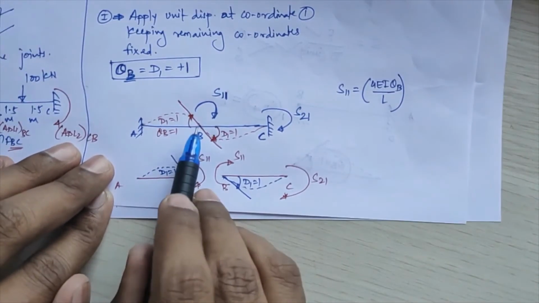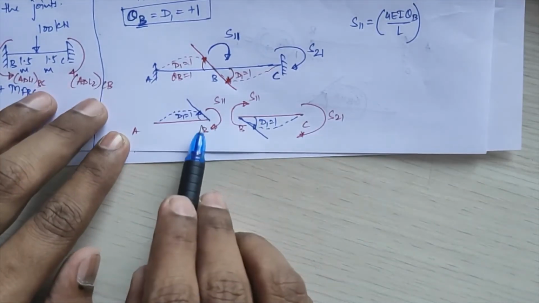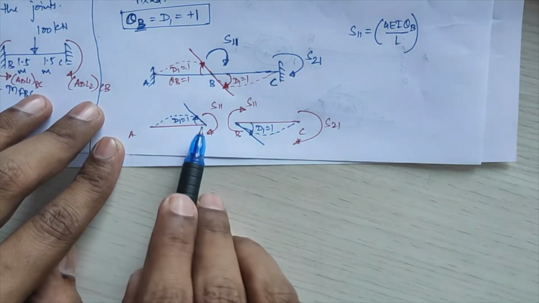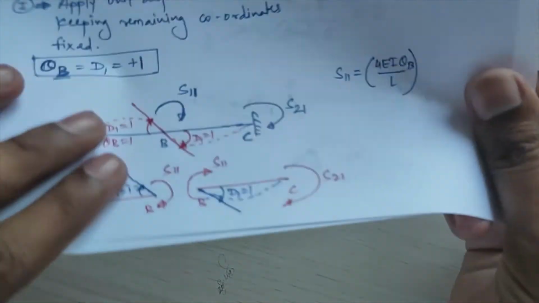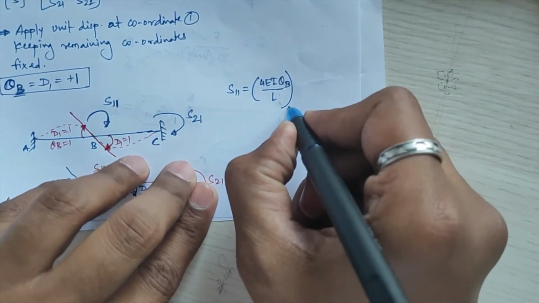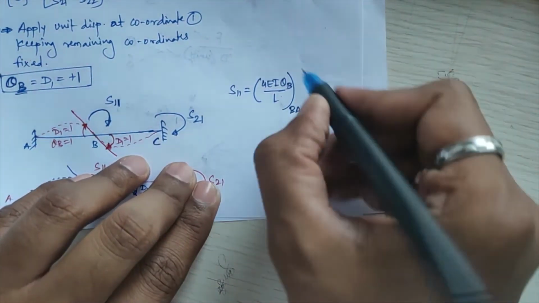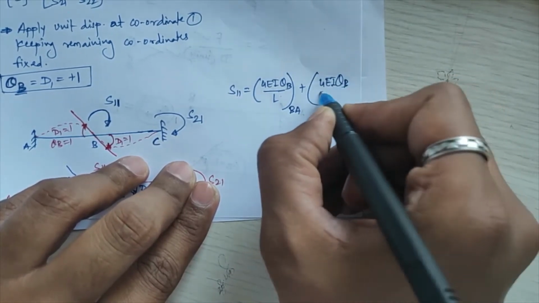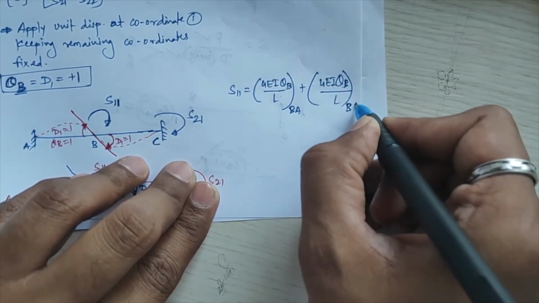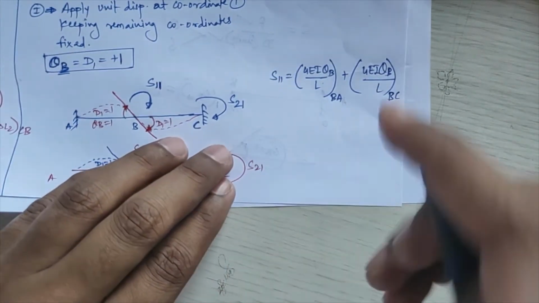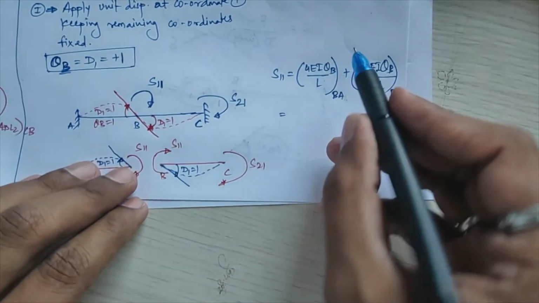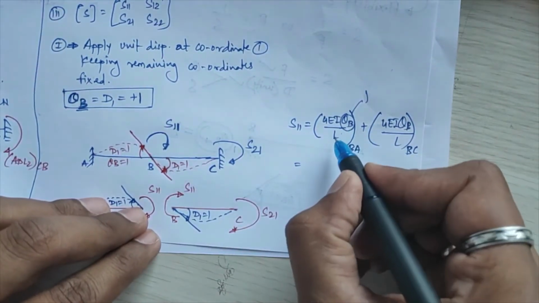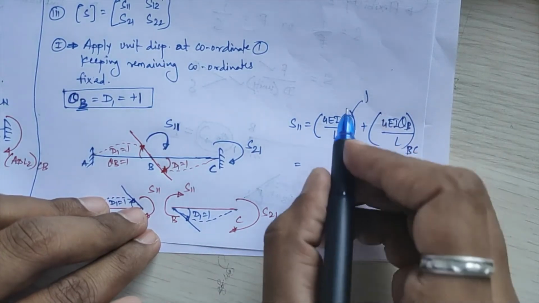Here the S11 value is for two members, BA and BC, which means B will be a near end for both members. So S11 will be equal to the summation of two terms: the first for BA, plus again 4EI theta b upon L for BC. Substituting the values, 4EI theta b, taking theta b equal to 1, divided by L; EI is given as constant, so keep it as it is.